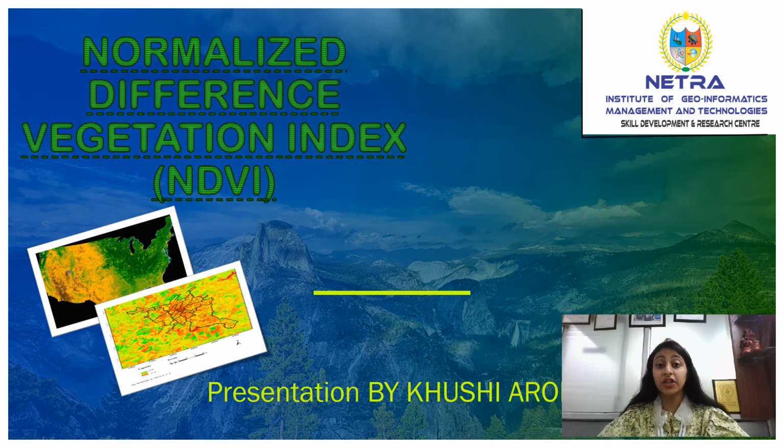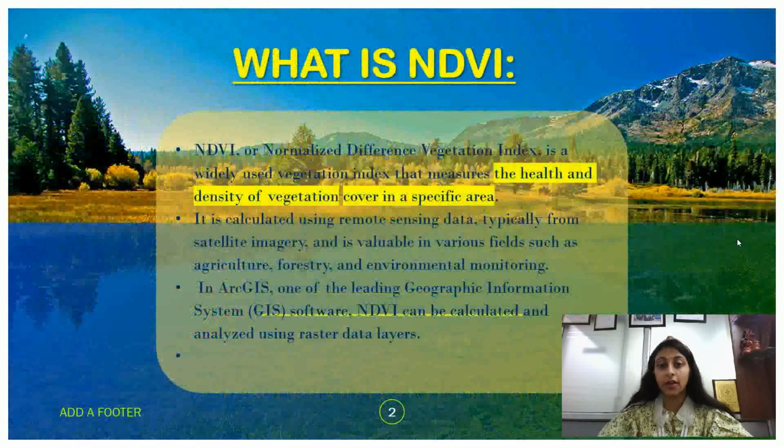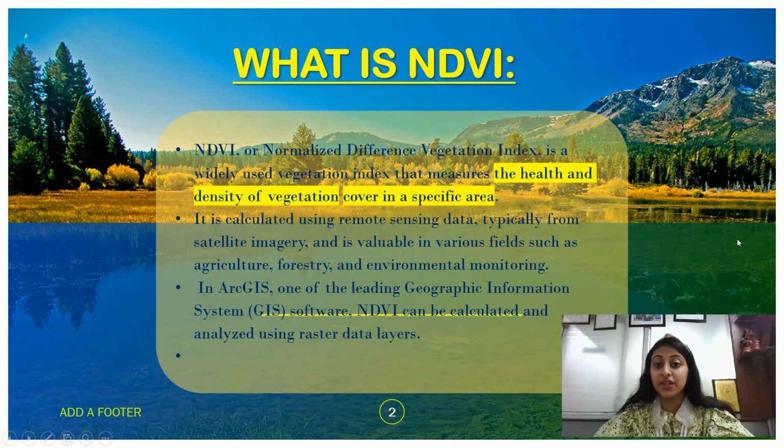Today I am going to perform the Normalized Difference Vegetation Index practical with you, which we also call NDVI in short. So, let's introduce what NDVI is. NDVI is a widely used vegetation index that measures the health and density of vegetation in a specific area.